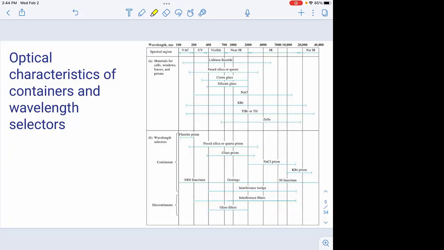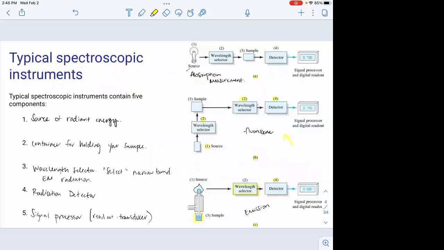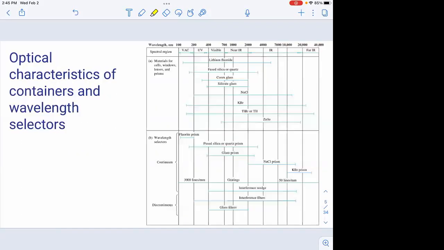I want you to think that there are a number of components that are always the same, right? We just talked about those: the source, the container, the wavelength selector, the radiation detector, and the signal processor.